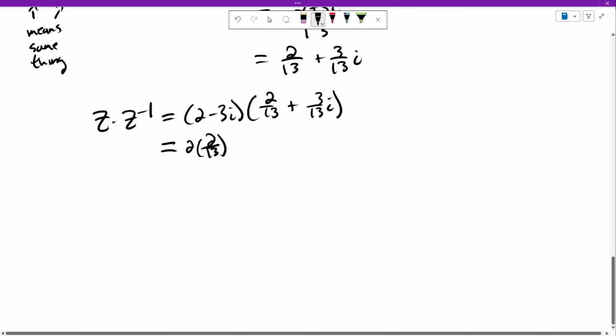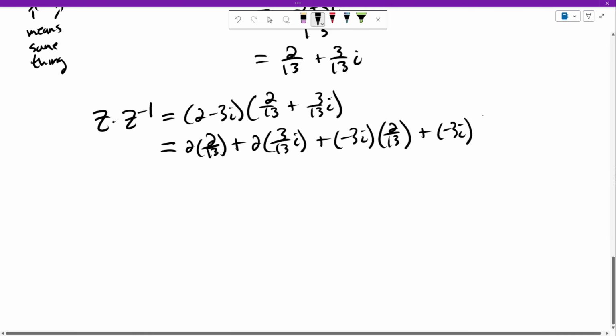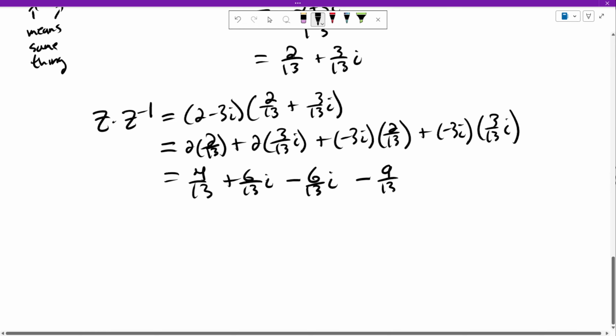Again, being somewhat careful with my parentheses here. 2 times 3/13 i plus negative 3i times 2/13. And then plus negative 3i times 3/13 i. So we're going to get 4/13 plus 6/13 i minus 6/13 i minus 9/13 i squared, if I did that right.